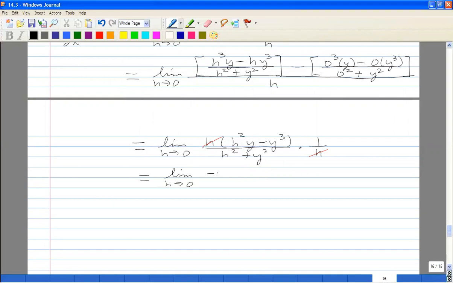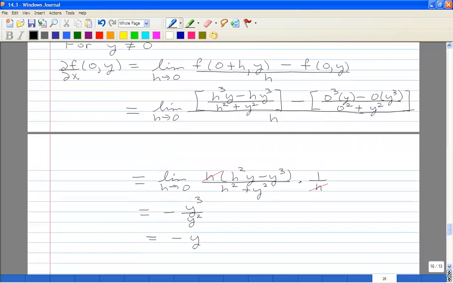So I get a negative y cubed over, I'm letting h go to 0, so this is a negative y cubed over y squared. And so I get a negative y. Okay, now let's do this at the origin. So I've done this when y is not 0. Let's see what happens when y is 0.